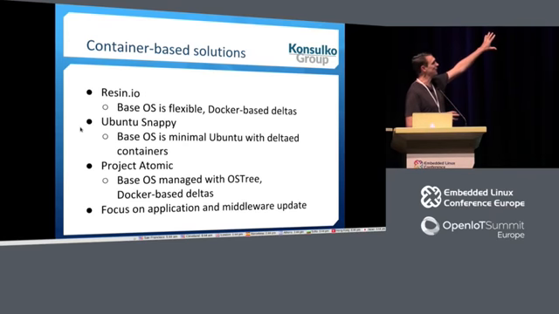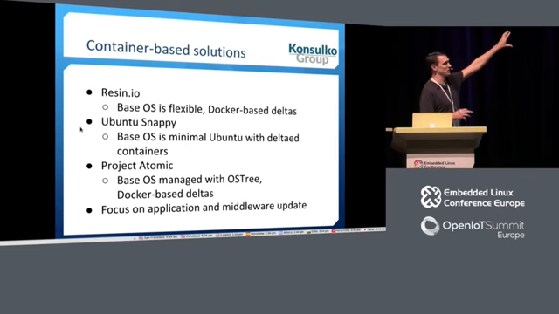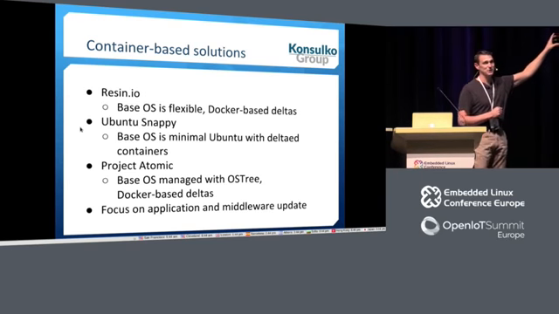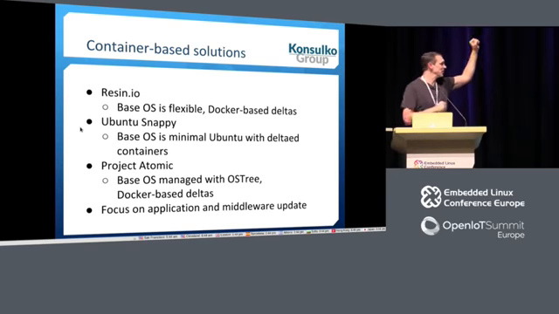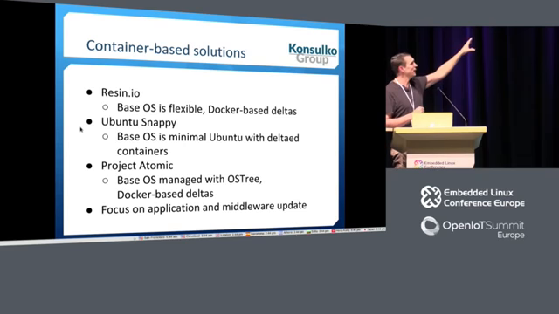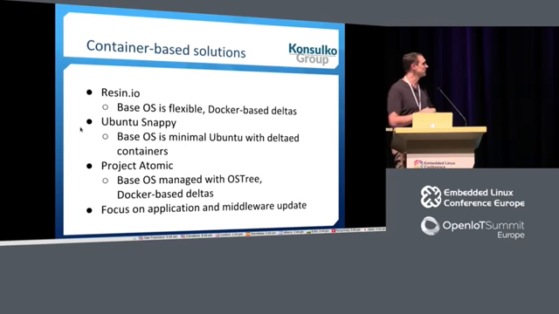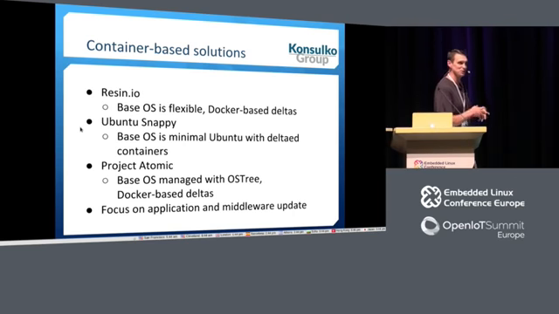So you need to keep in mind that all of these right now, their focus is, okay, all my applications are in the container. Rosin.io can front end over a number of different base OSs. There's Debian and Fedora and something else. And then they do Docker-based deltas. Ubuntu Snappy's essentially the same way, but obviously with the Ubuntu base.